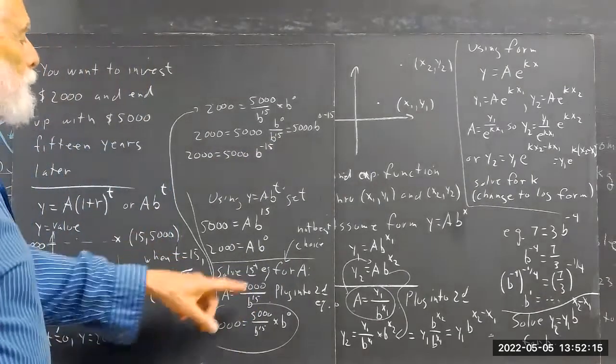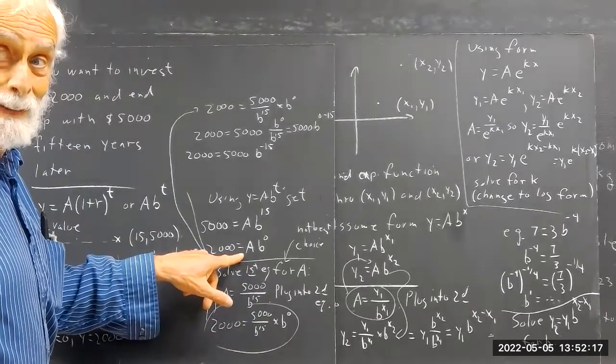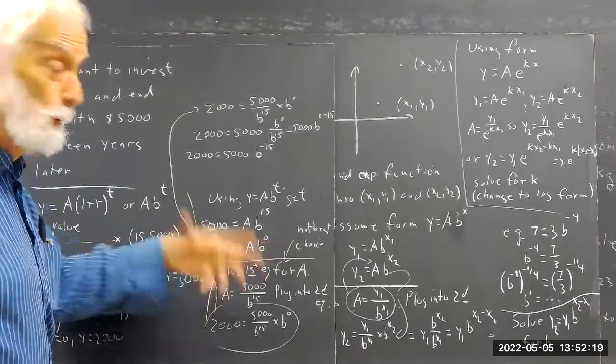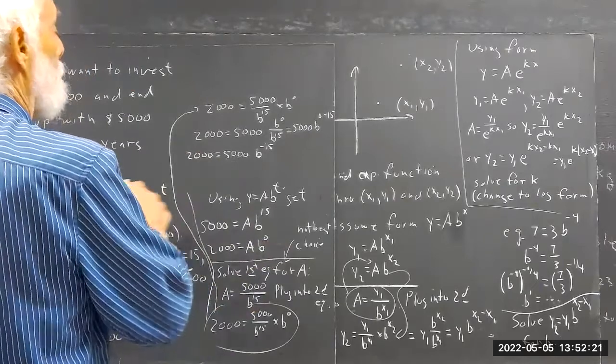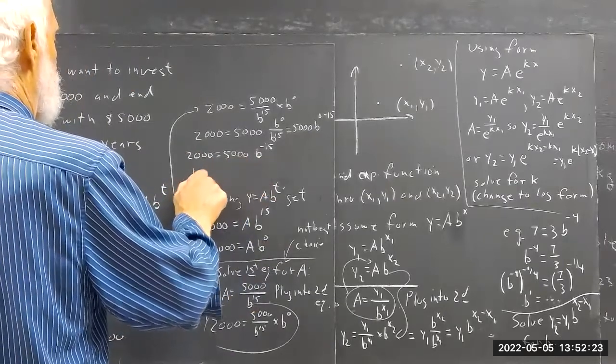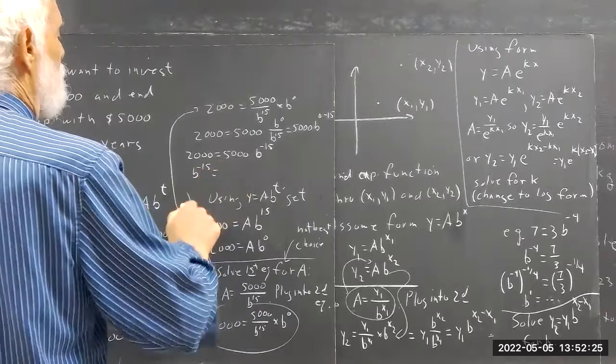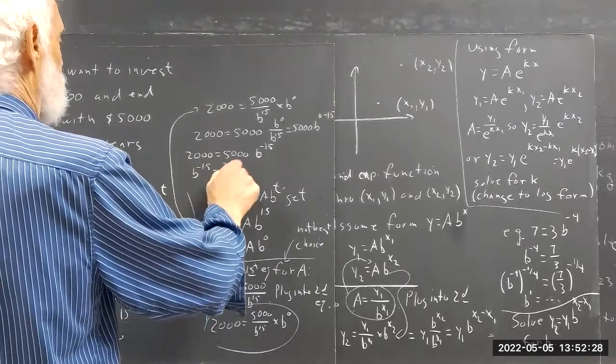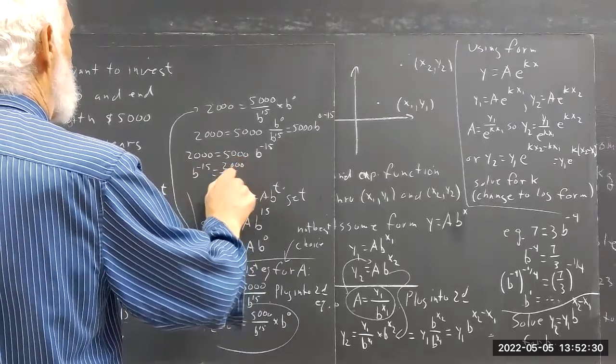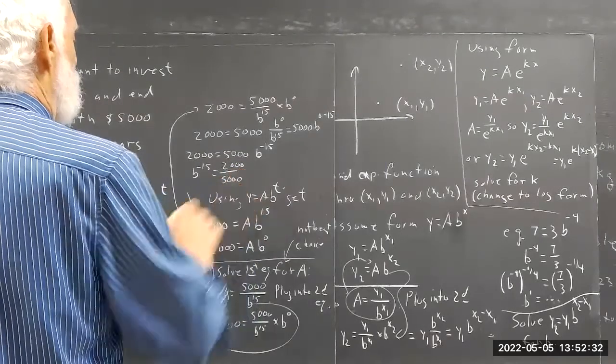Again, it would have been easier if I'd have solved this one for a, because it'd be really simple, because b to the 0 is 1. Pretending I didn't notice that. Okay, so the b to the negative 15th, we divide both sides by 5,000, it's 2,000 over 5,000.